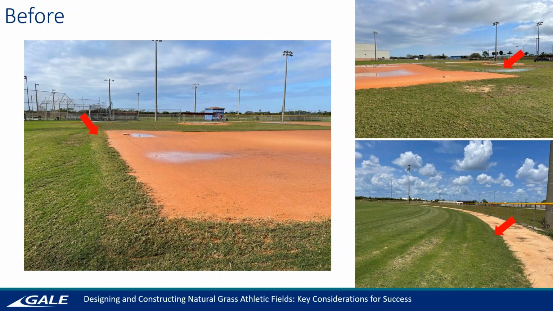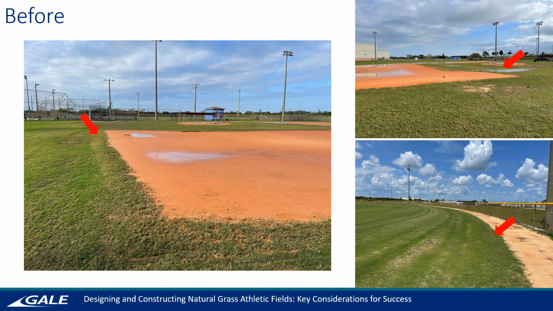So this is a photo of a baseball facility in Florida where they were having some issues with turnover in the facility managers, and just let it go lax over time, and wanted to bring it back to the tournament high level performance that they used to have.